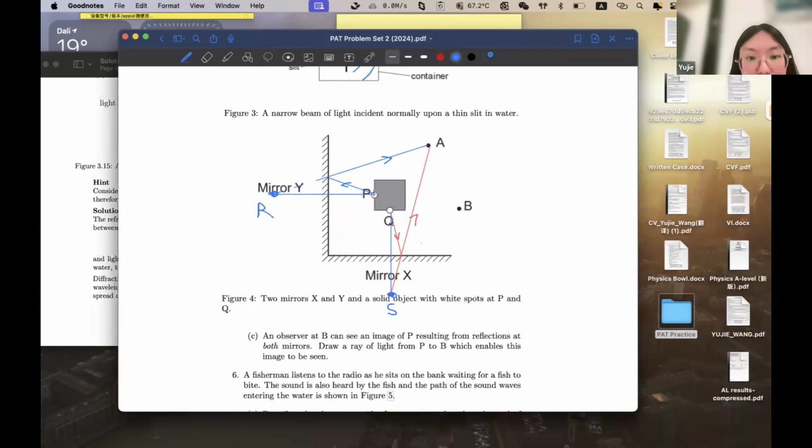So we start from point P, and it's first reflected by the mirror Y, and the reflected image is located at point R, and then it would be further reflected by mirror X. And we have a second reflected image. Let's call this R prime, for example.